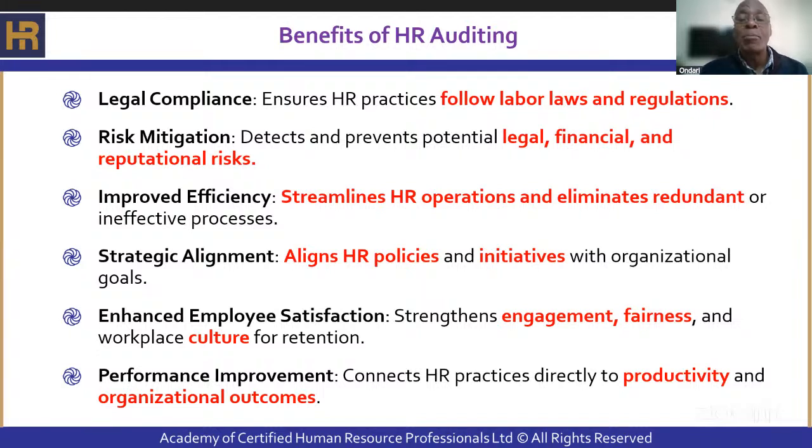In performance management, we can lose money by skipping certain processes. In health and safety, we can lose money because of illnesses and accidents. So when we audit all these functions, at the back of our minds, we are thinking about financial losses.